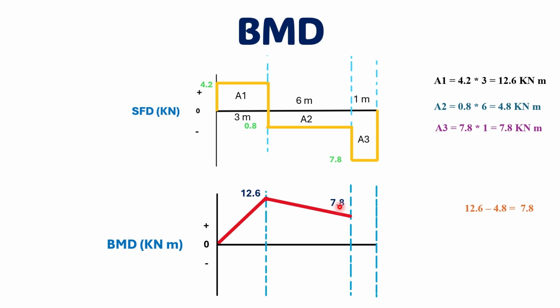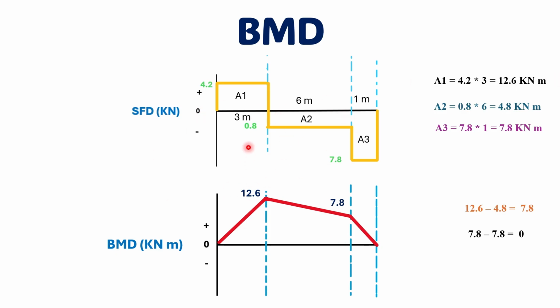So 7.8 minus 7.8 yields 0. I mark it as 0 and join this point to this point. It is a 0-degree line in shear force, so the bending moment will be first degree. Here you can see that we drew this bending moment diagram with the help of the shear force diagram.